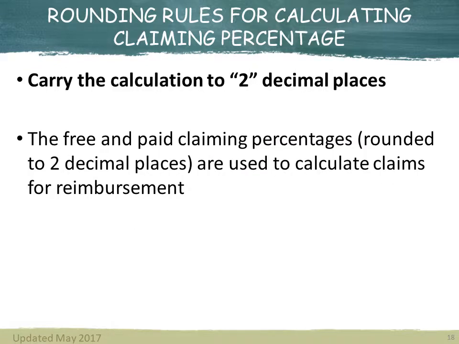Okay, so the rounding rules for calculation, it's carried to 2 decimal places. So the free and paid claiming percentages must be rounded to 2 decimal places to calculate the claim. We manually, Jen particularly, manually checks all of the CEP claims that come in. That was my job before she was hired. But I passed it on.